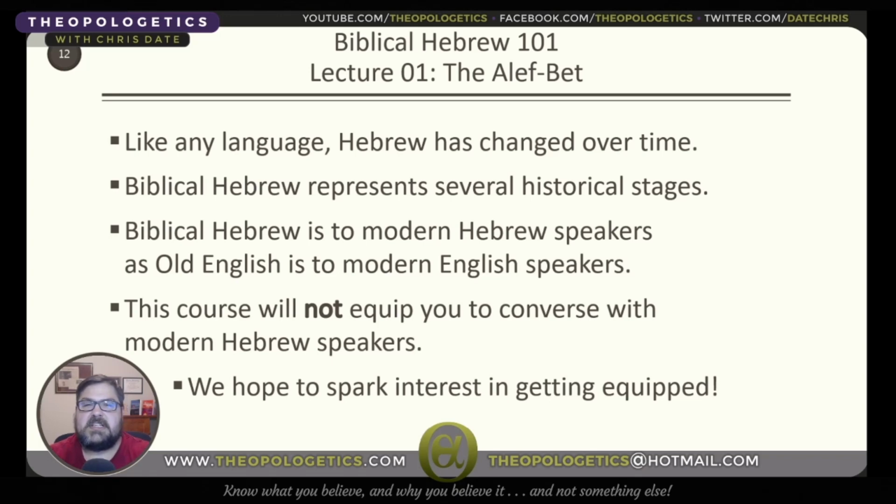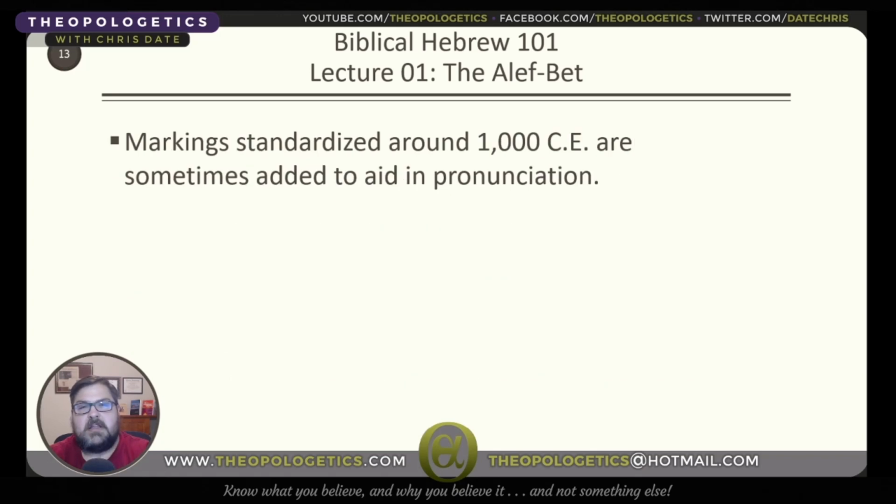But the point here is just that by studying these lectures, you will develop some proficiency in reading biblical Hebrew, but you will not develop a proficiency in any degree conversing in Hebrew with modern Hebrew speakers. Now, I mentioned that the Hebrew Alef-Bet consists only of consonants, but by the time of around 1000 AD or CE, markings had become standardized that are sometimes added to aid in pronunciation.